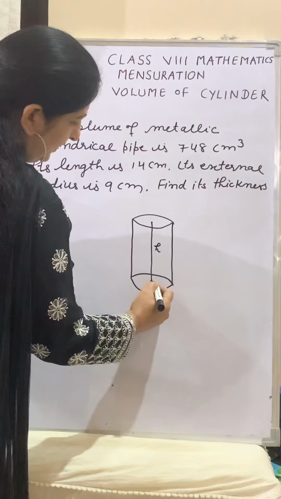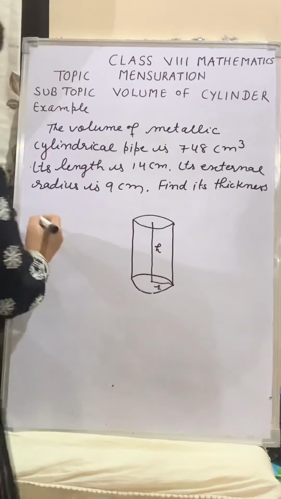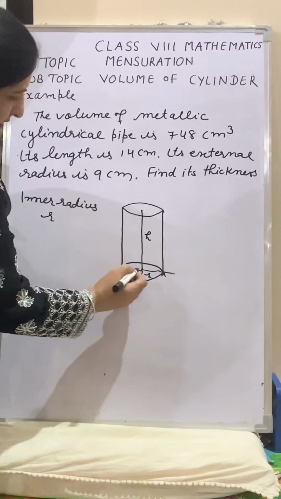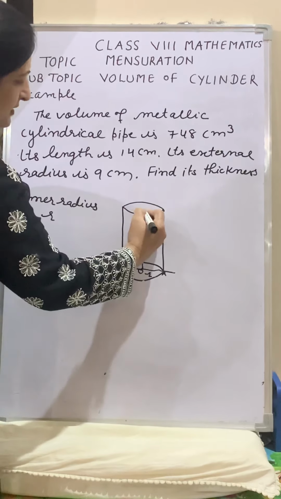It is the inner radius, small r. It is O, it is A. When it is made up of metal, it has some thickness. It is the thickness, both sides. AB is the thickness.